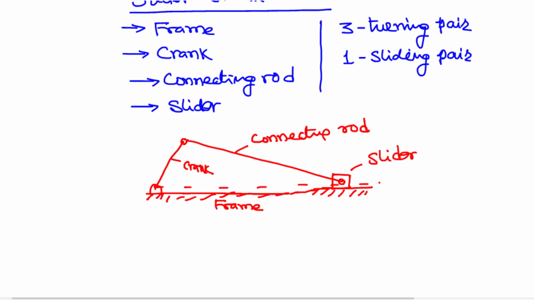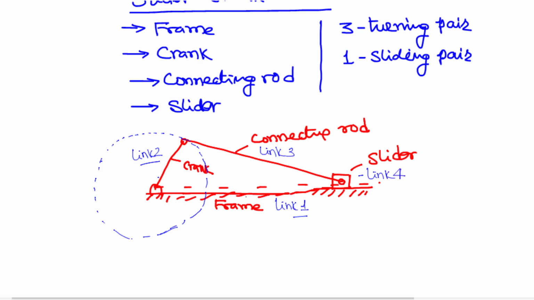Crank rotates about this axis. This is path of crank. So this is link 1, link 2, link 3, and link 4.